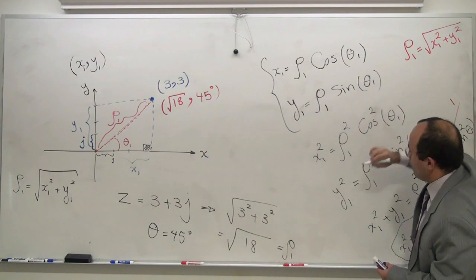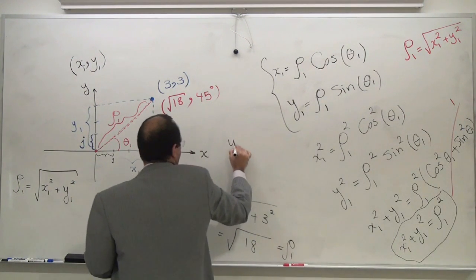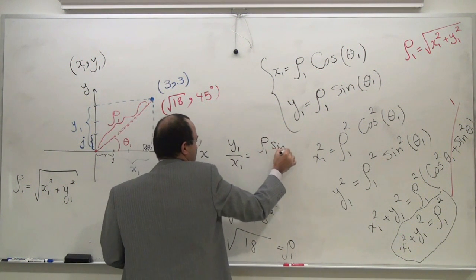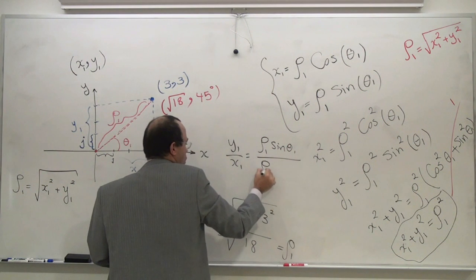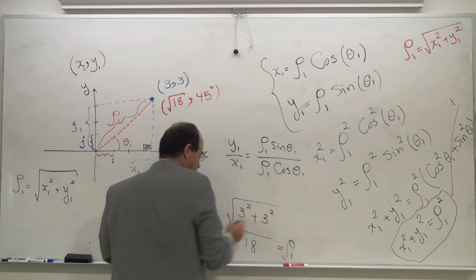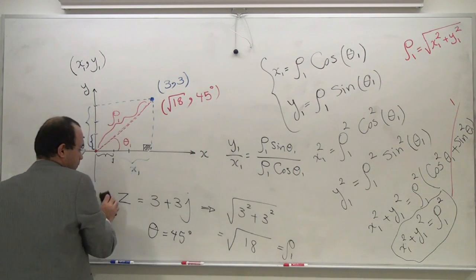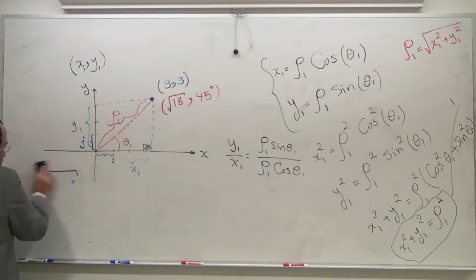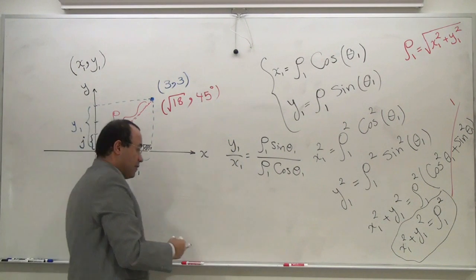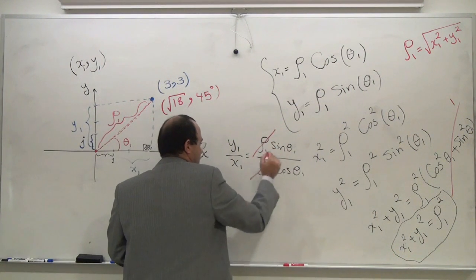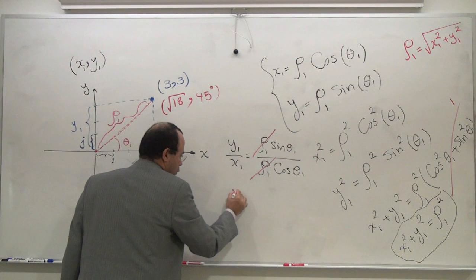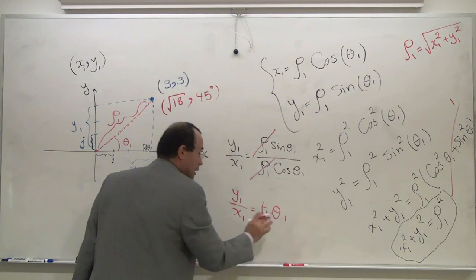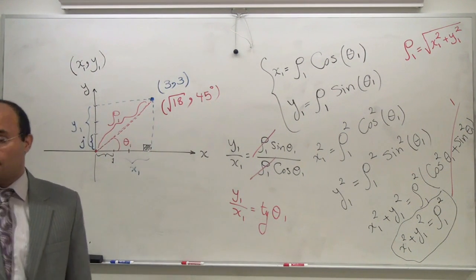You get rho 1 sine of theta 1 divided by rho 1 cosine of theta 1. Okay, so far it's safe. If this is non-zero, you can get rid of the rho 1. Therefore, y1 divided by x1 is equal to tangent of theta 1. So far, so good.